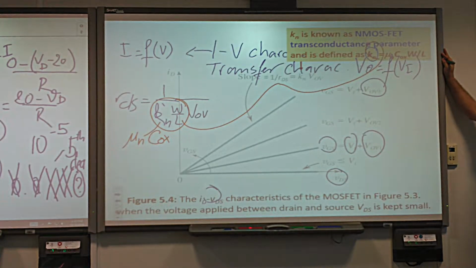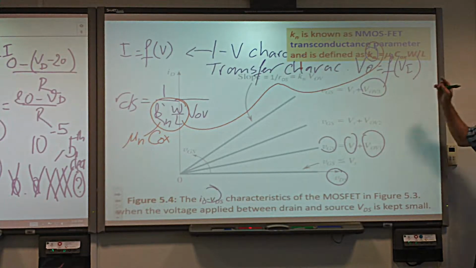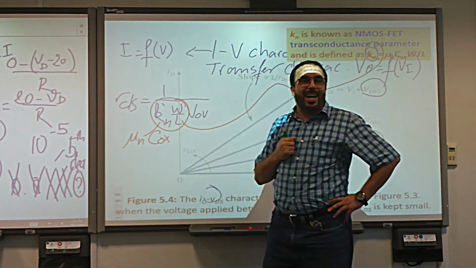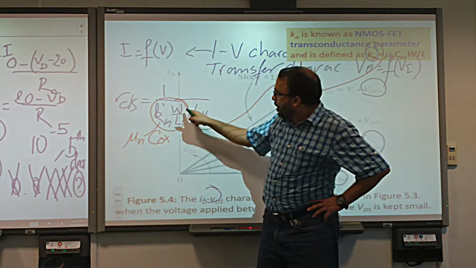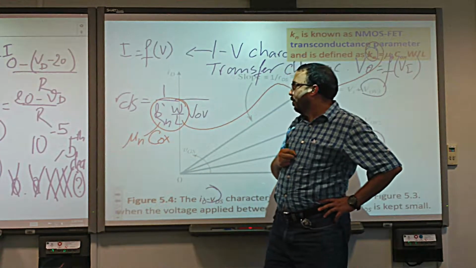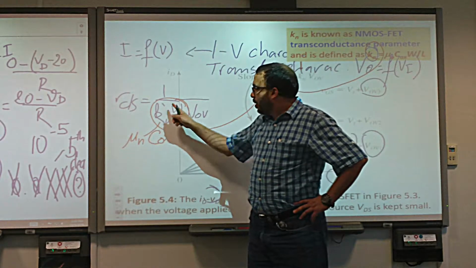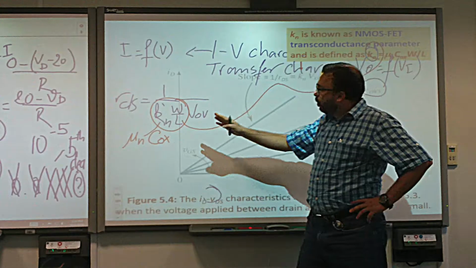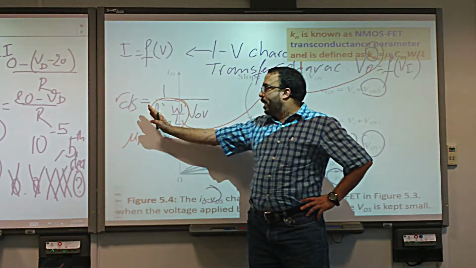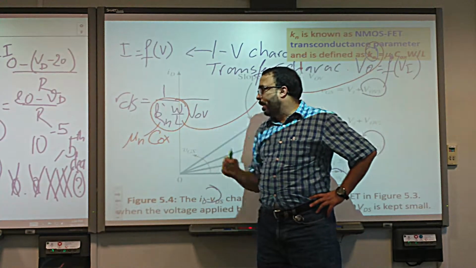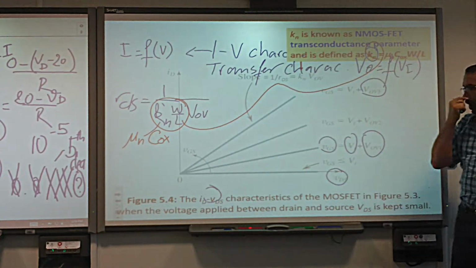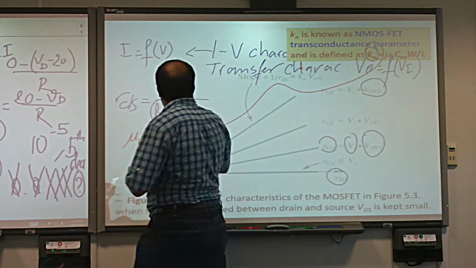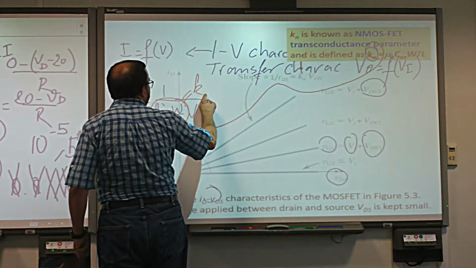It's related to the process by the Kn prime parameter, and to the design, as you are going to set the values of W over L. So it will not be process related only, it will be related to the process and to the design parameter, which is the aspect ratio W over L. When we multiply them together, we find a new parameter, we call it Kn.